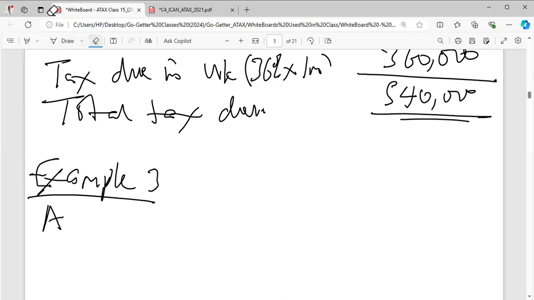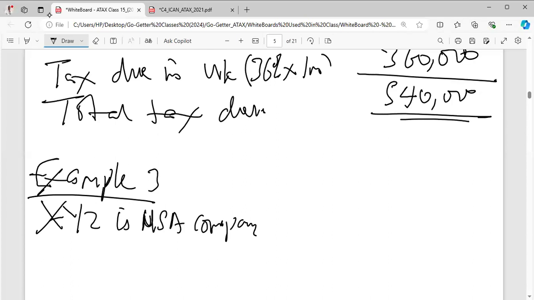Yes, that's the same company, XYZ. XYZ is a USA company in Nigeria.